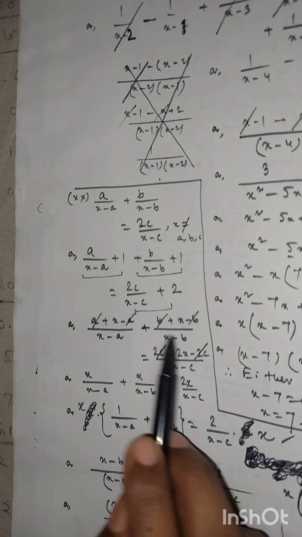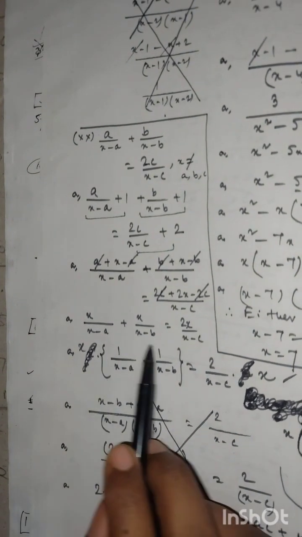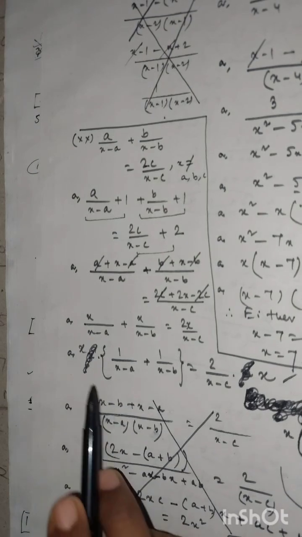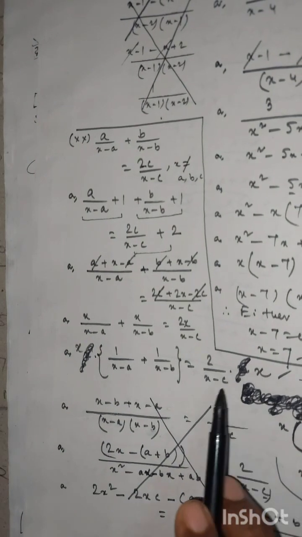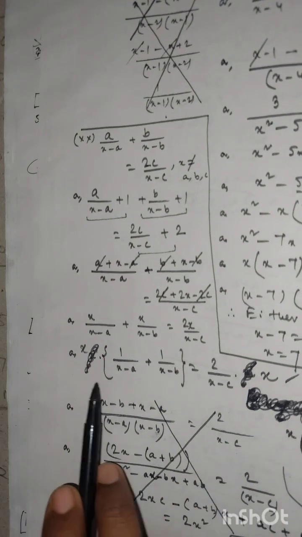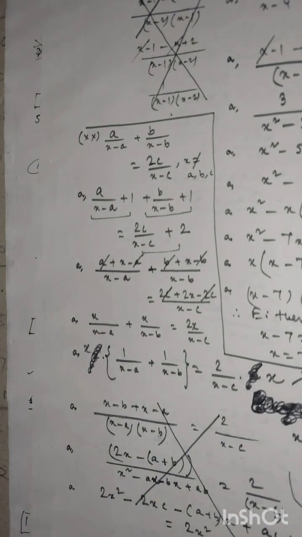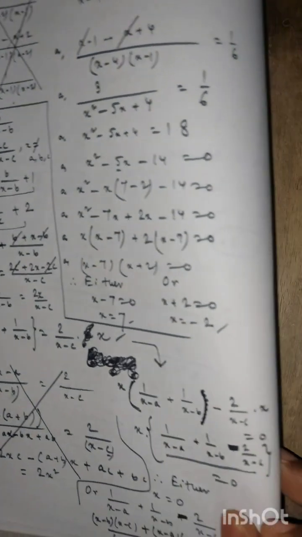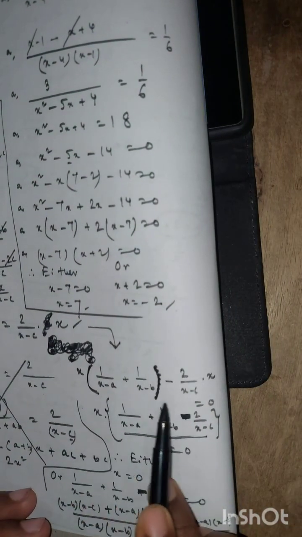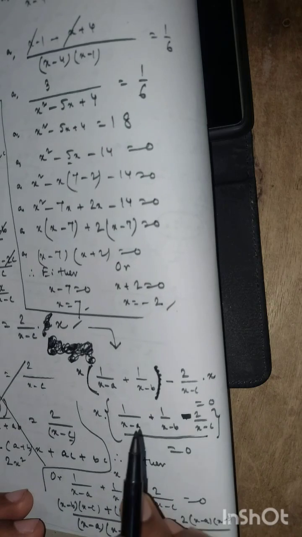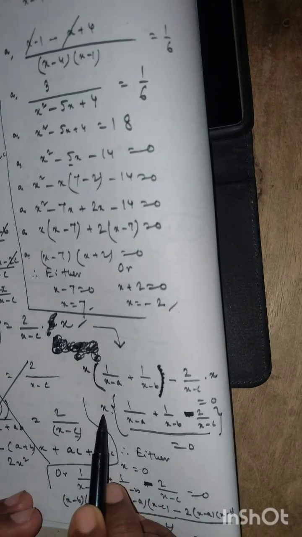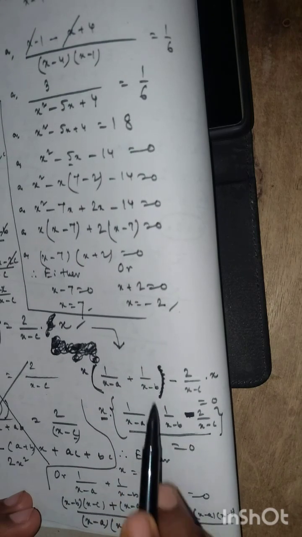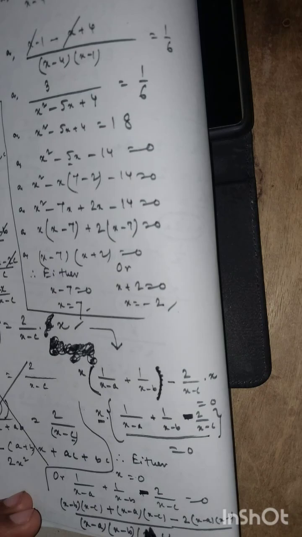Now if we simplify it, we get this thing, and taking x common from the left side, so this is what we get. Now if we take this quantity to the left side, we get this. Now if we take x common, we are left within the bracket with 1 by this, 1 by this, 2 by this, equal to 0.